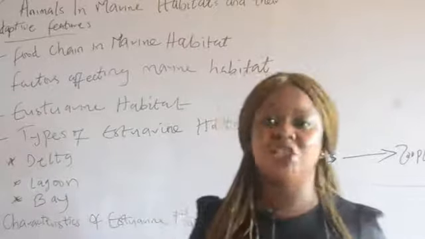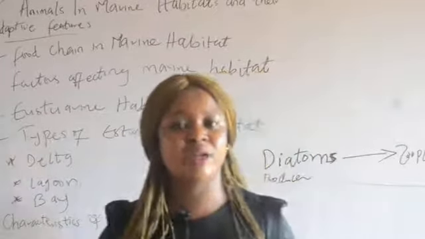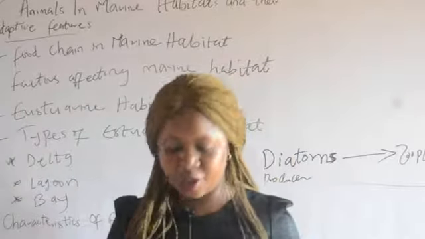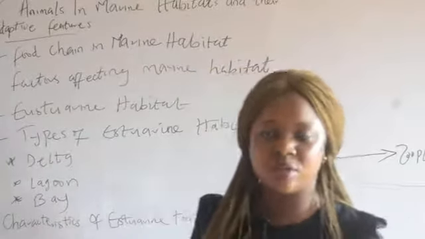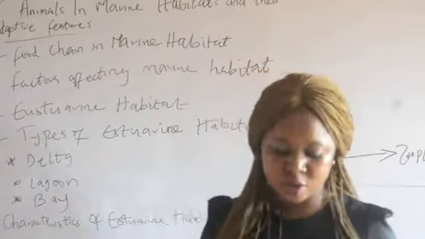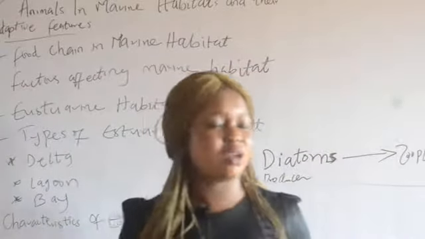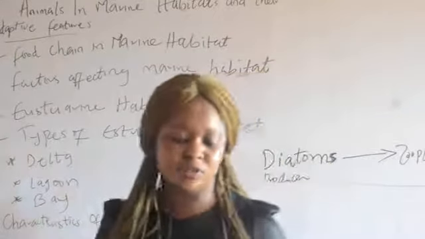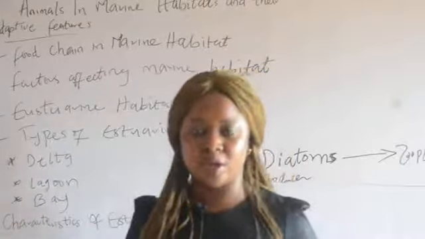It's also called brackish water. Take note, the estuarine habitat is found at the coast as a result of the action of waves and tides, which mix the salt water from the sea with the fresh water from the land.